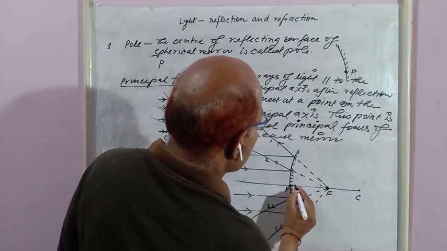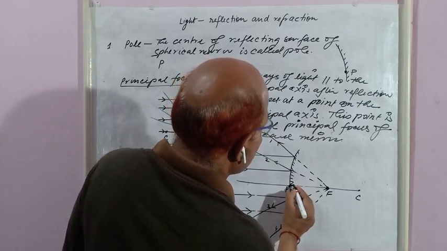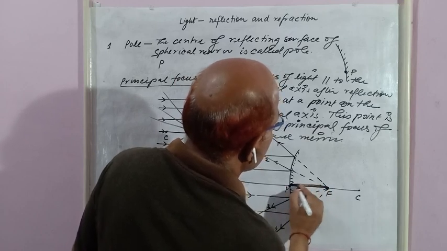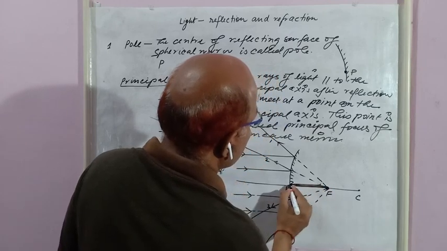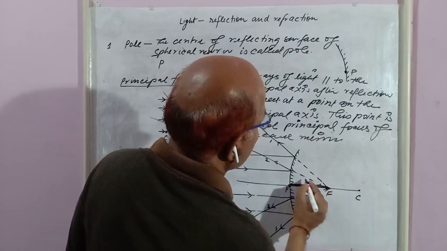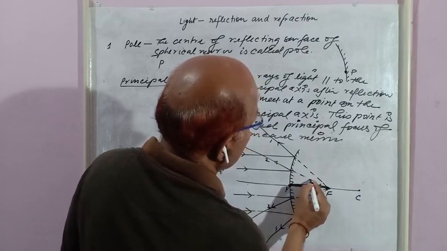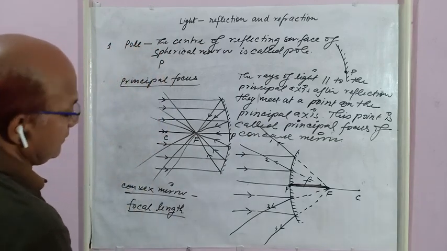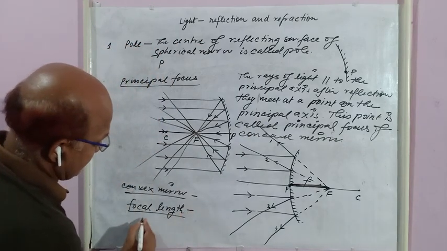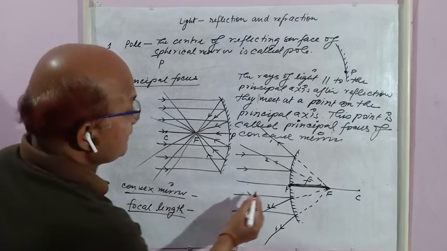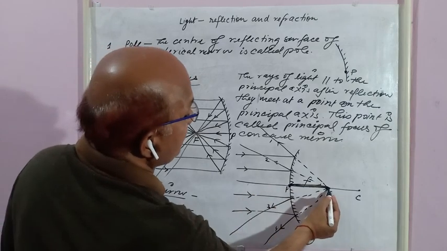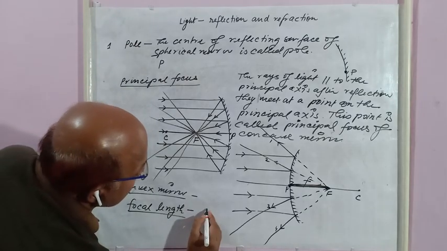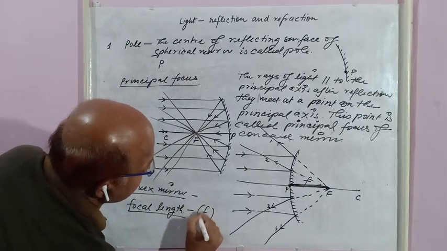So the distance between the pole and the principal focus is called the focal length, and it is denoted by F. So you can write it. The distance between pole and focus is called the focal length, and it is denoted by the letter F.